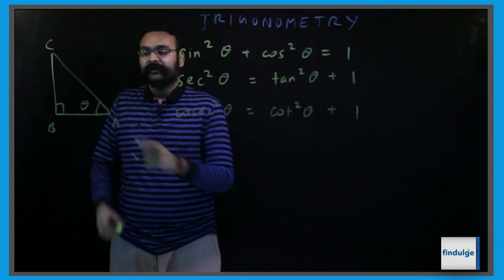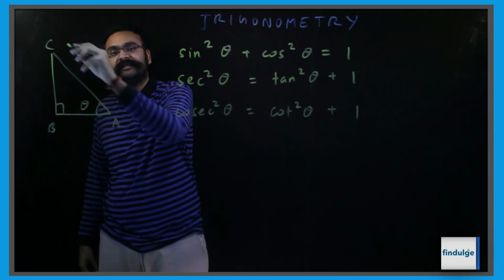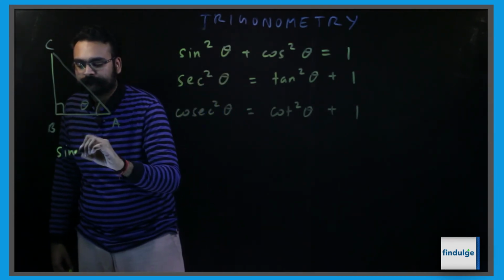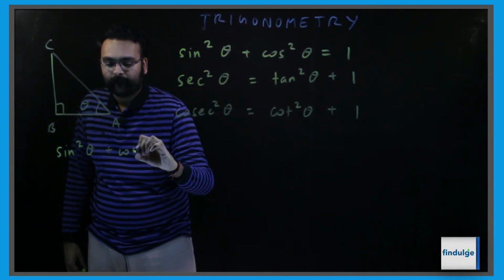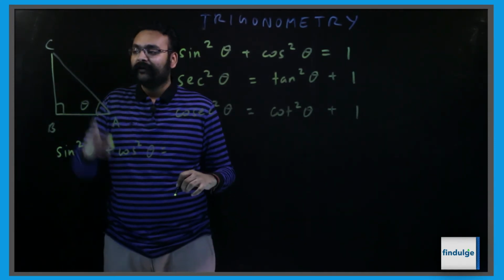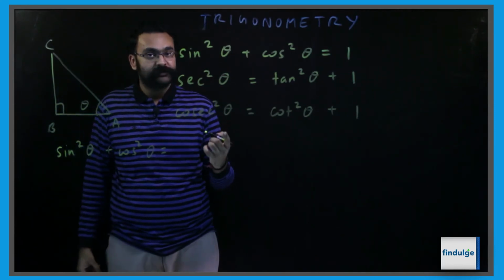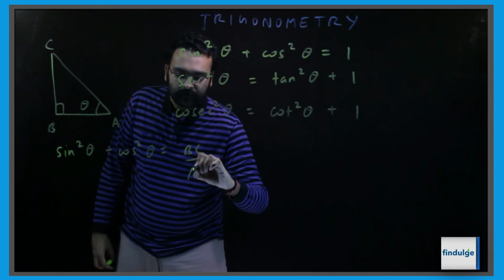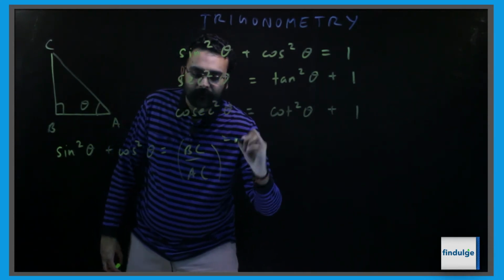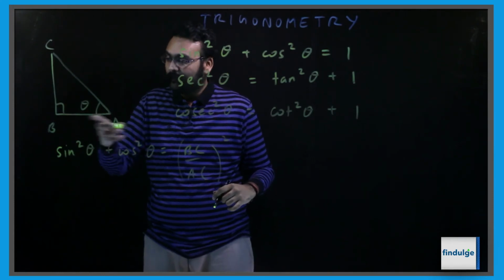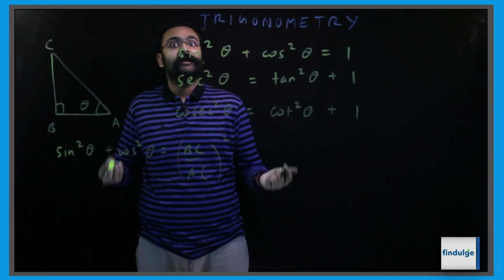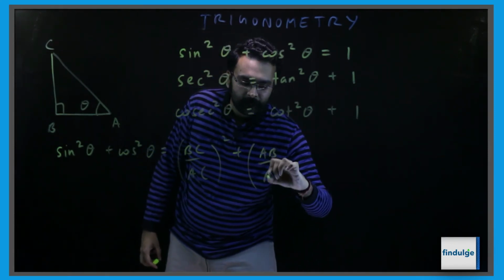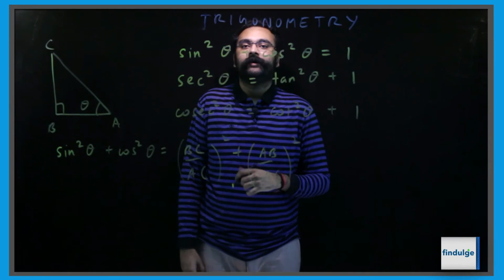Now, of course, sin theta here will be BC upon AC, which means sin square theta will be BC upon AC whole square. As I said, this is just the square of sin theta. Cos theta will be AB upon AC. So clearly cos square theta will be AB upon AC whole square.